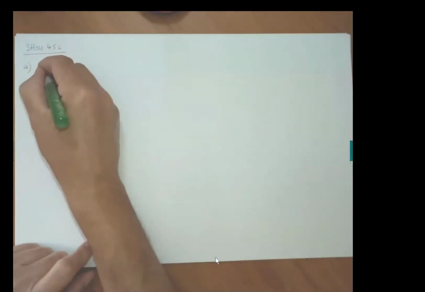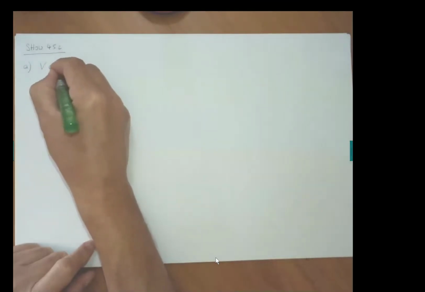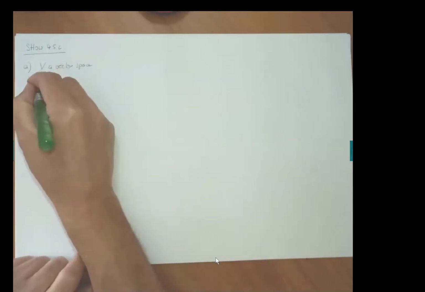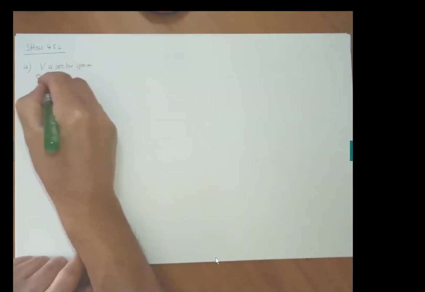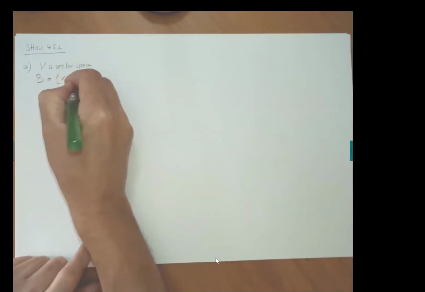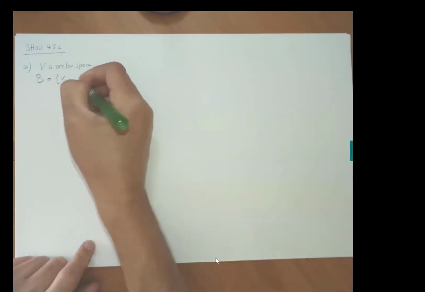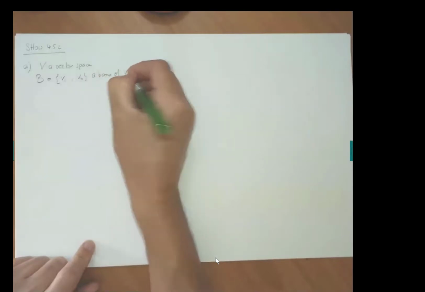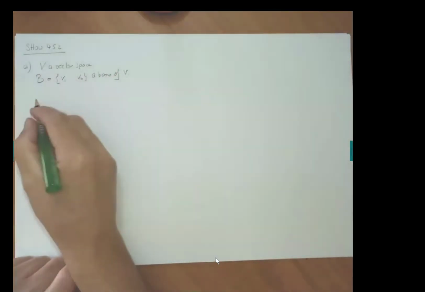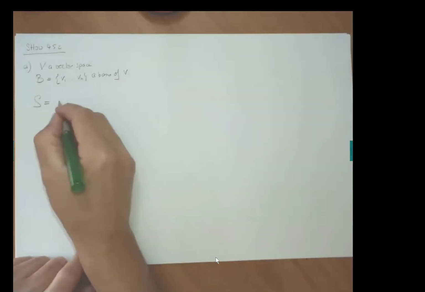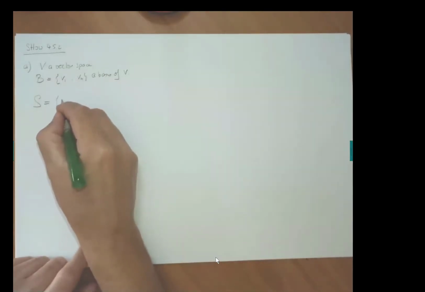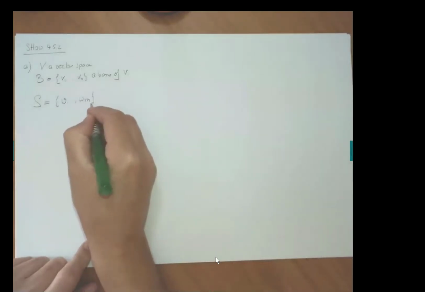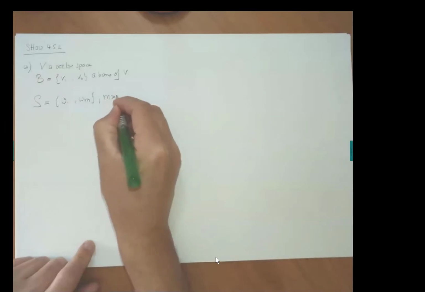So again, maybe I should write it one more time. V is a vector space, and let's call it B, B for basis, V1 to Vn, a basis of V. And now we take S, a subset of V, with m elements, and m is larger than n.